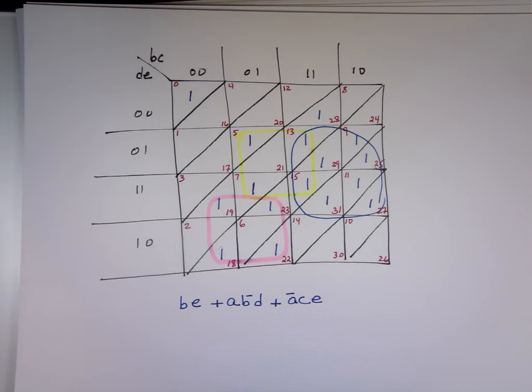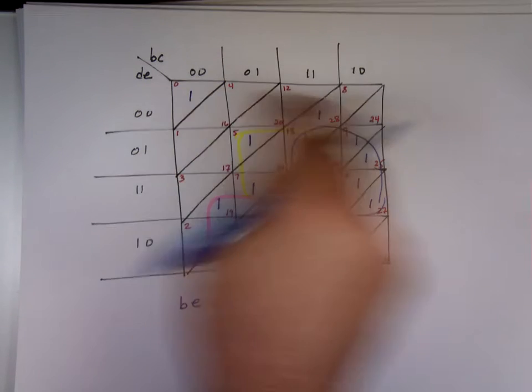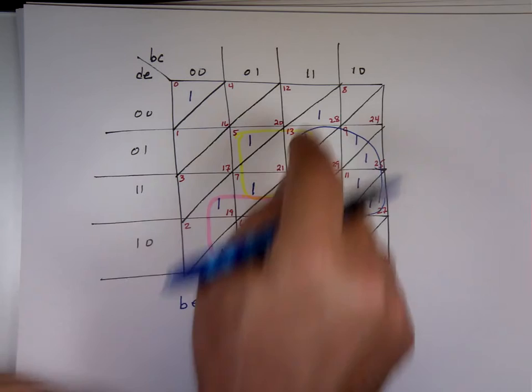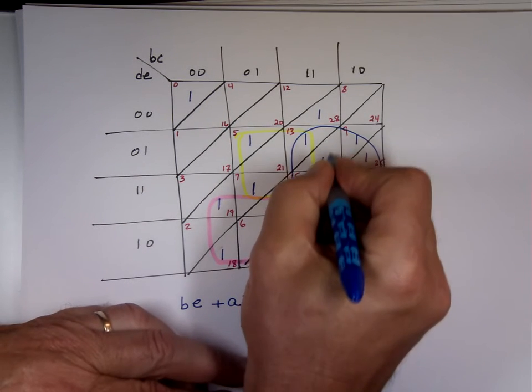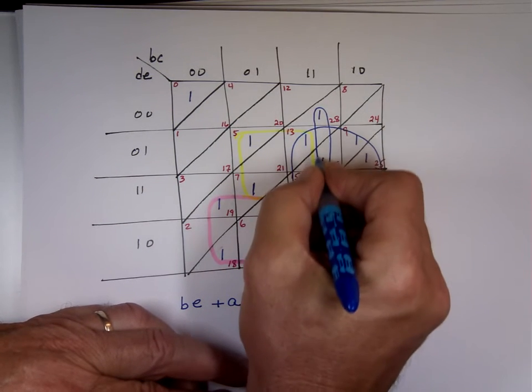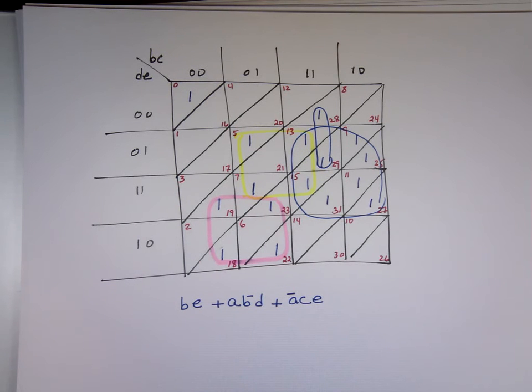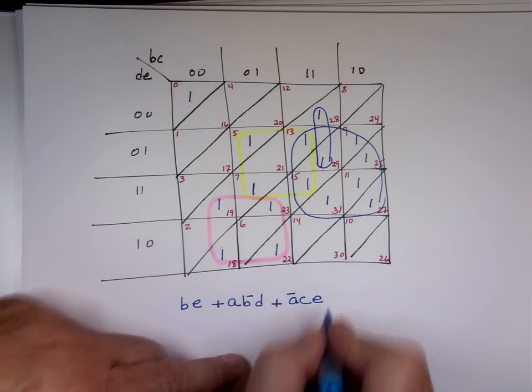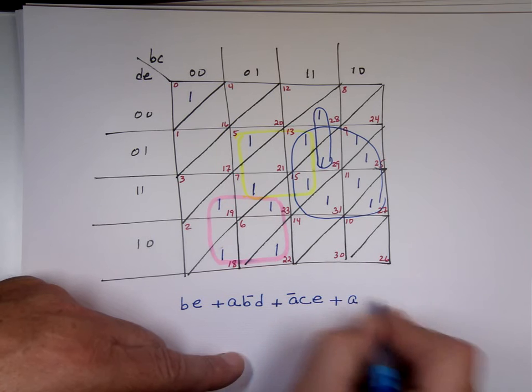It looks like everything is grouped right now with the exception of this one and this one. Well, I can take this one by itself, but it's better if I take it with this one. Both in the bottom. That means A is 1, B is 1, C is 1, D is 0.